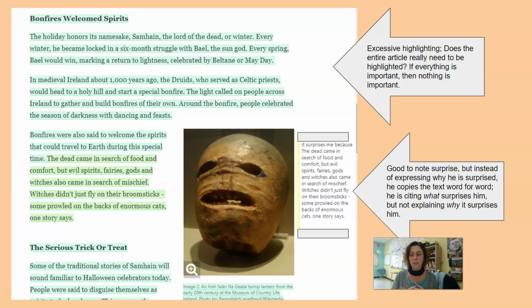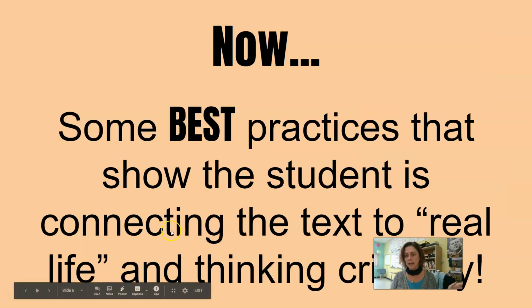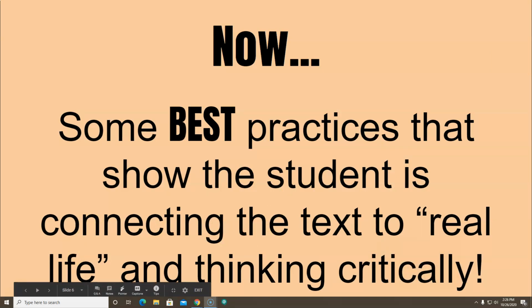Why does it surprise you that they thought that witches could also ride on cats? Okay, answer the question. Don't just repeat what's already there. All right? So these are the two major things I see happening that are what we want to get away from. So let's look at some best practices now, okay?